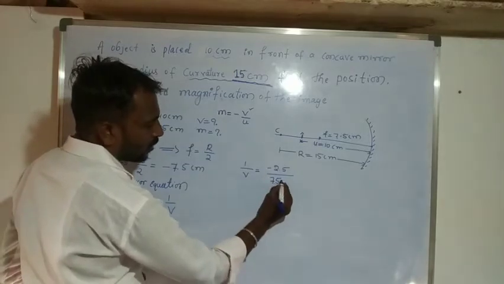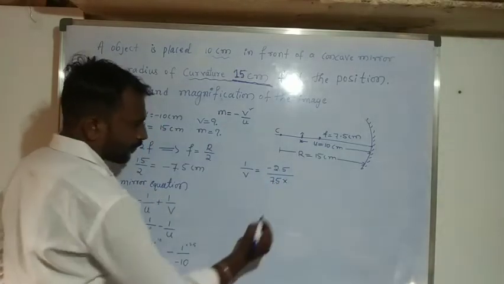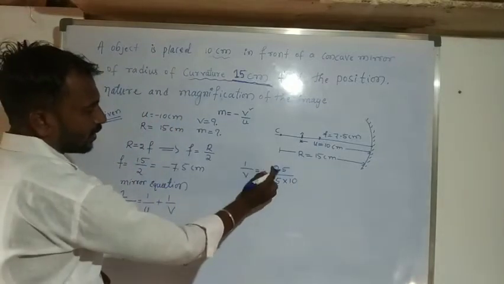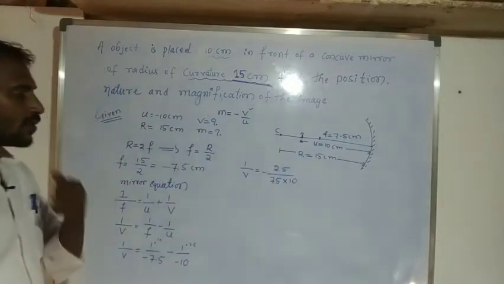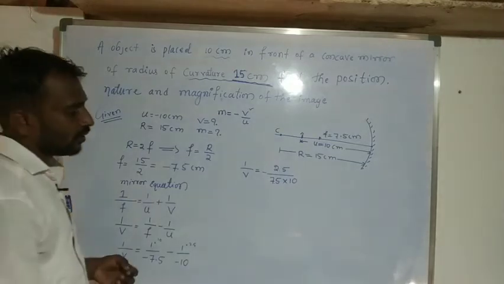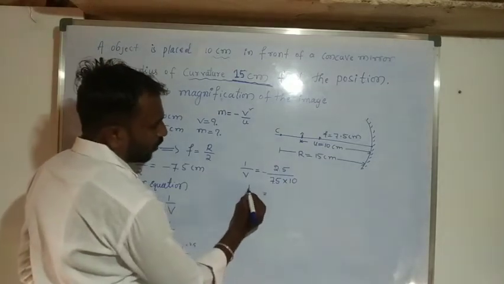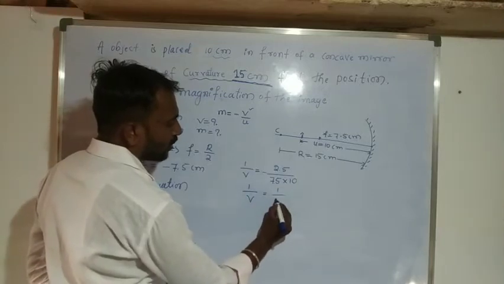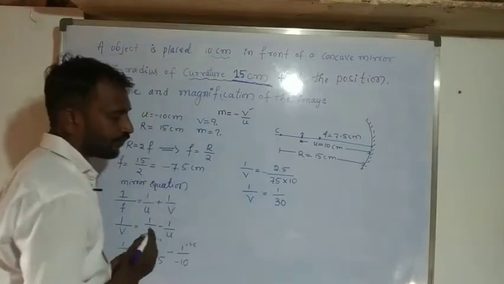7.5 into 10. Here we consider the negative sign. So 7.5 into 10. Okay, so 1 by v is equal to 2.5 divided by 30, so 1 divided by 30.